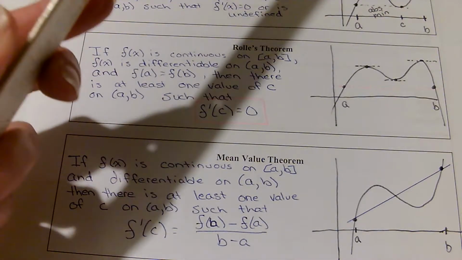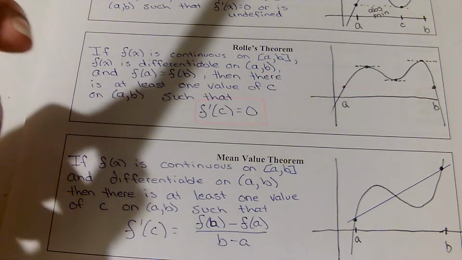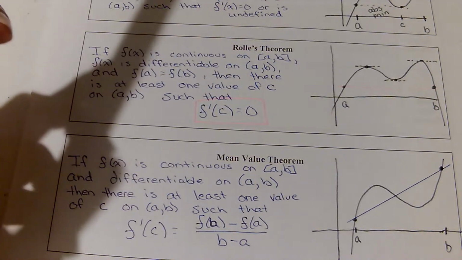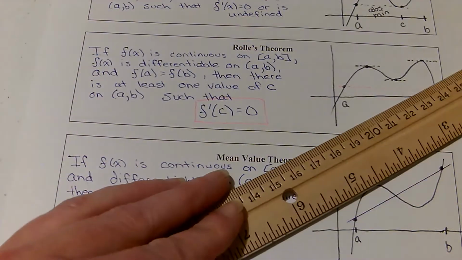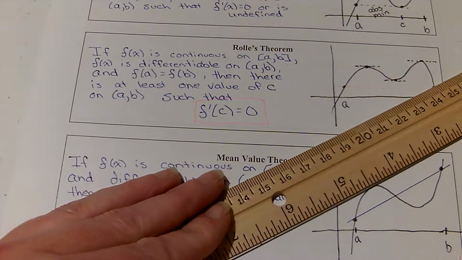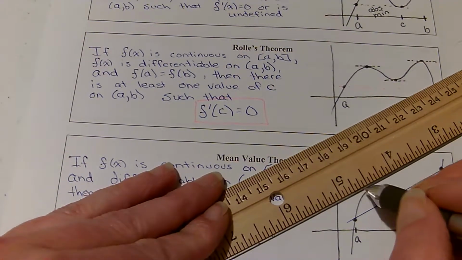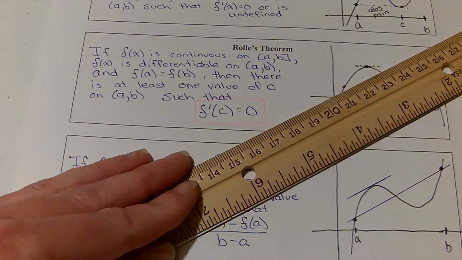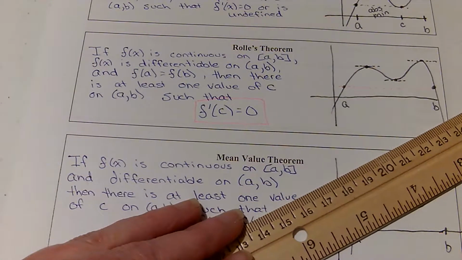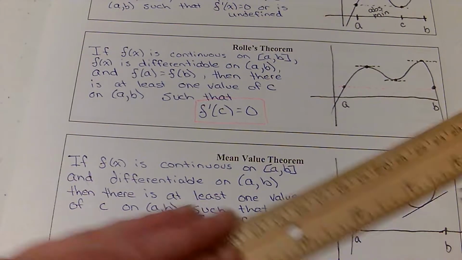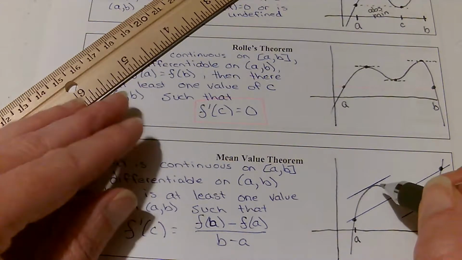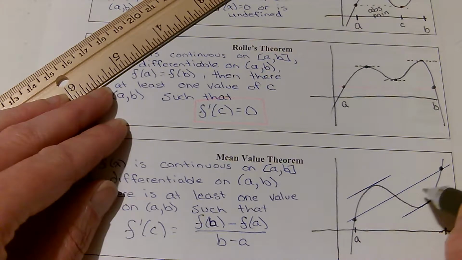Mean value theorem says there's going to be at least one other place that has the same exact slope as that line. Well, if I look, I could draw that right here. I can also draw one right here, that all are parallel to this secant line.